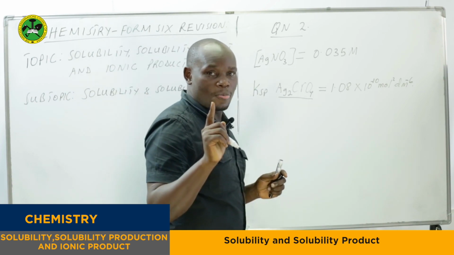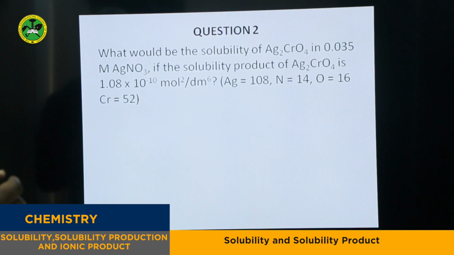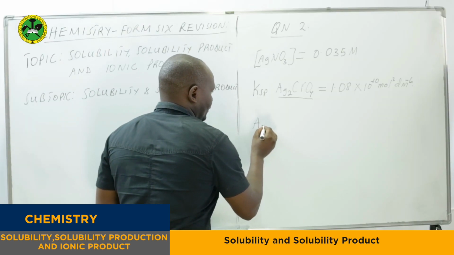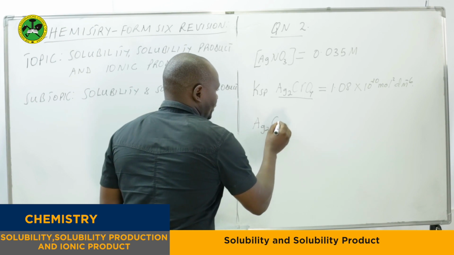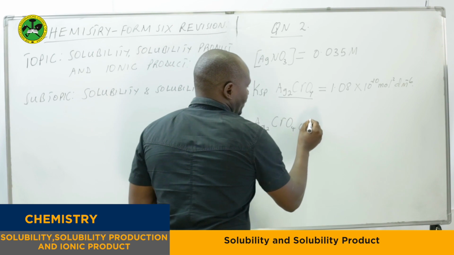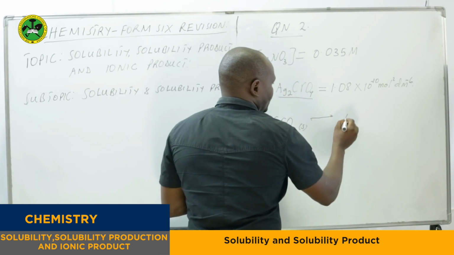So the first point to consider is that you have to write the dissolution reaction of silver chromate. So silver chromate, which is our sparingly soluble salt, dissociates to release silver ions.